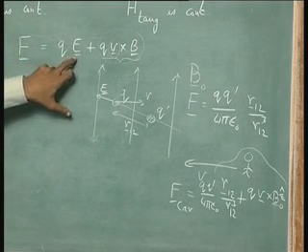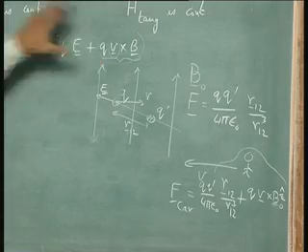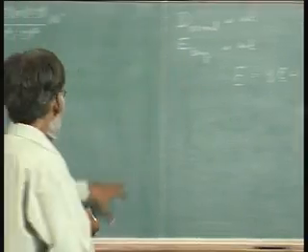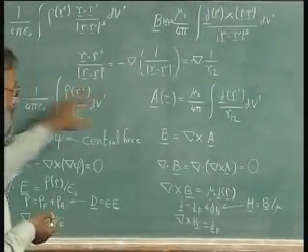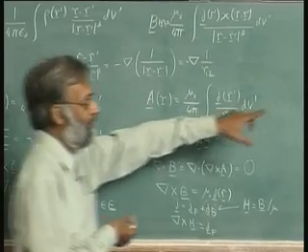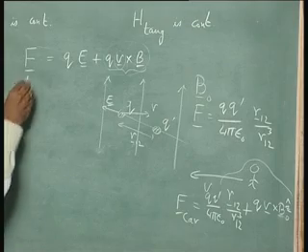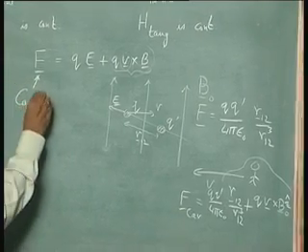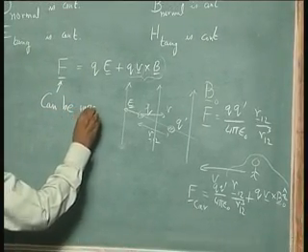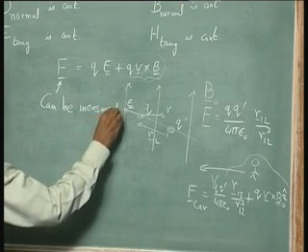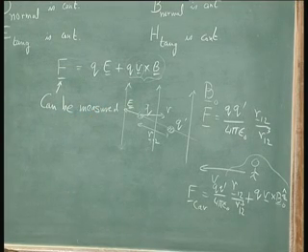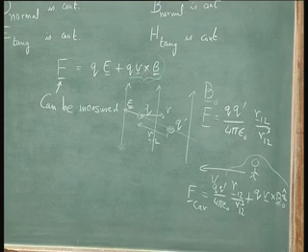The electric field is not real, the magnetic field is not real, H is not real, D is not real, phi is not real, A is not real. The only thing that is real is F, because this is the only one we can measure. And what I am saying is, I am going to measure different things depending on what I am doing.